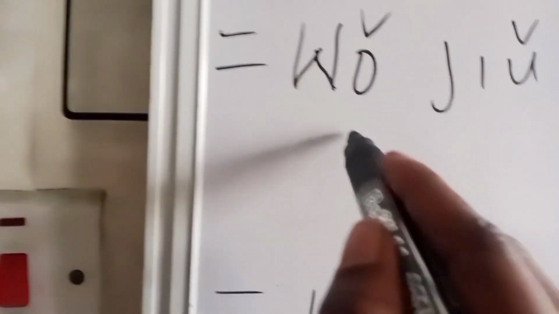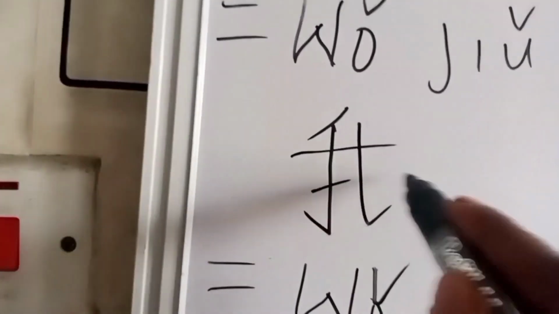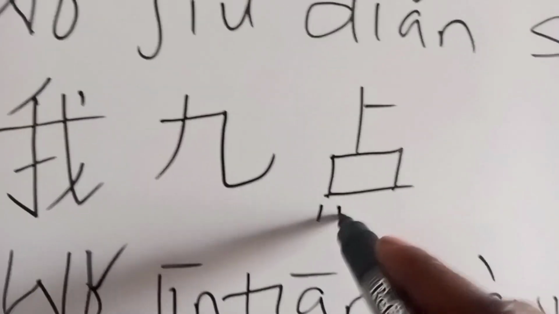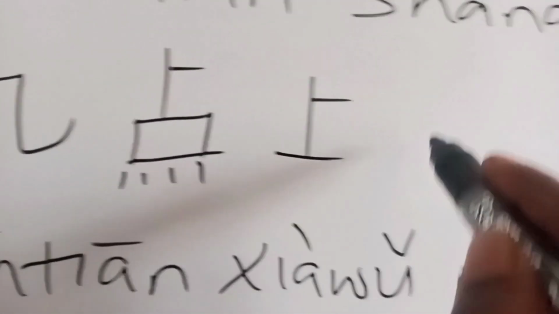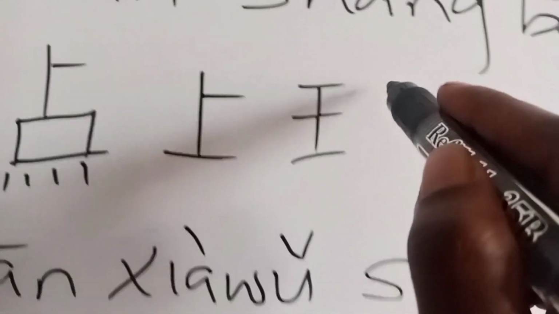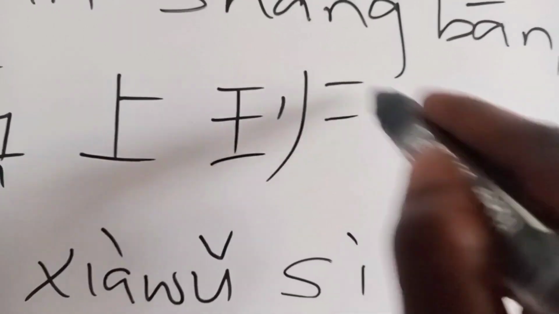我9点 我9点 1 2 3 4 9点上班 Okay, this is ban. 上班 and then there is also 下班.